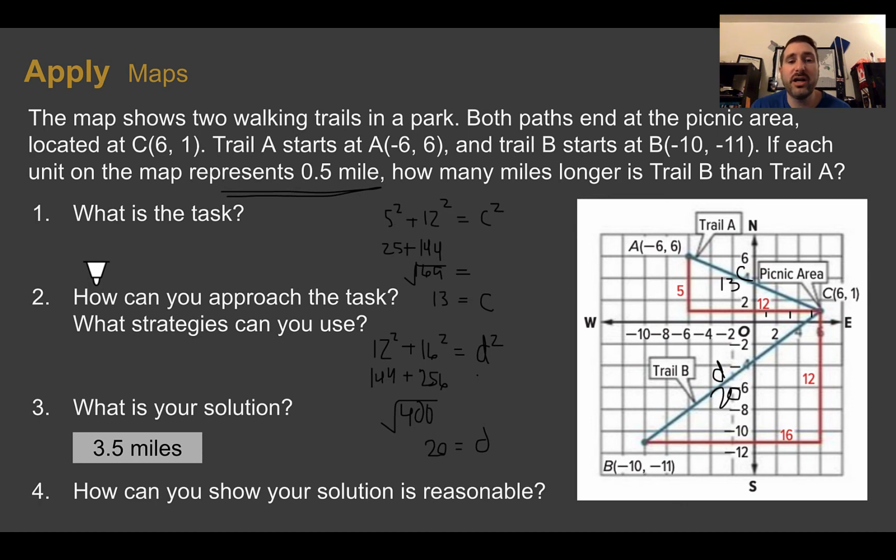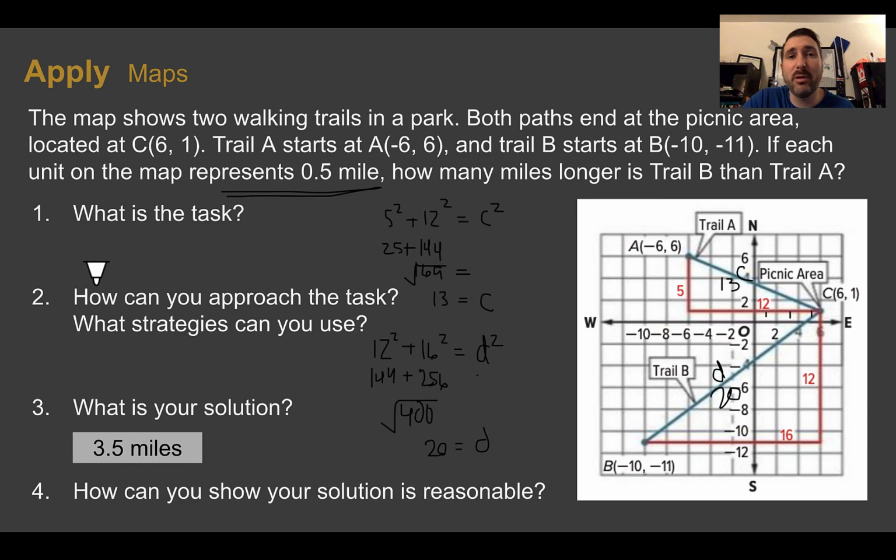And then how can we know that our solution is reasonable? There are a few different things we can do to help say that things are reasonable. One, we know that the grid only goes from -10 to 6. So the fact that we're in the low numbers and not something crazy like 35 would be a good start. We didn't get a negative number.